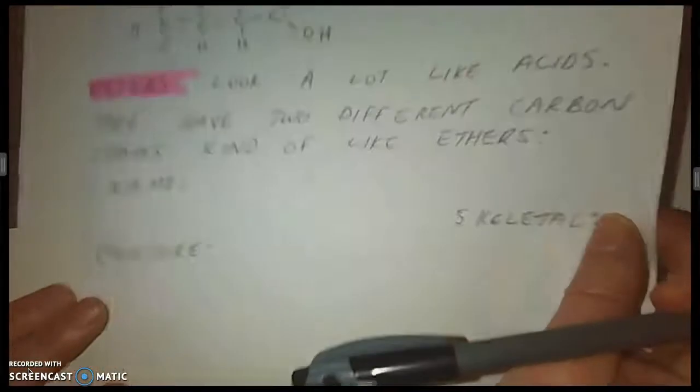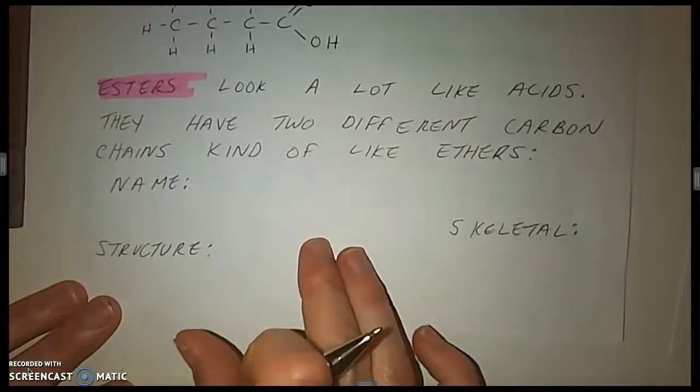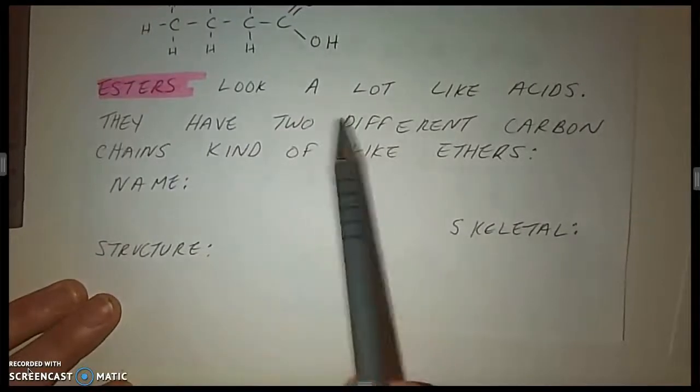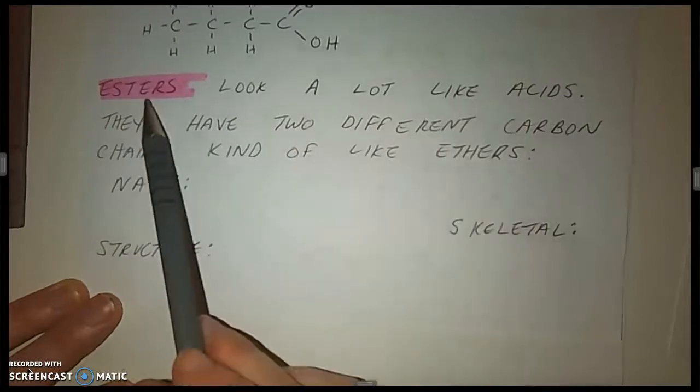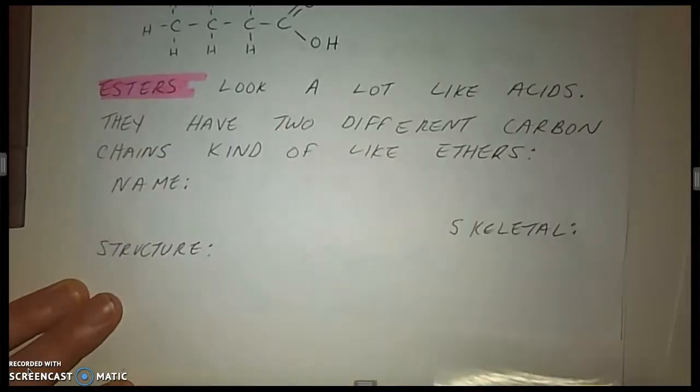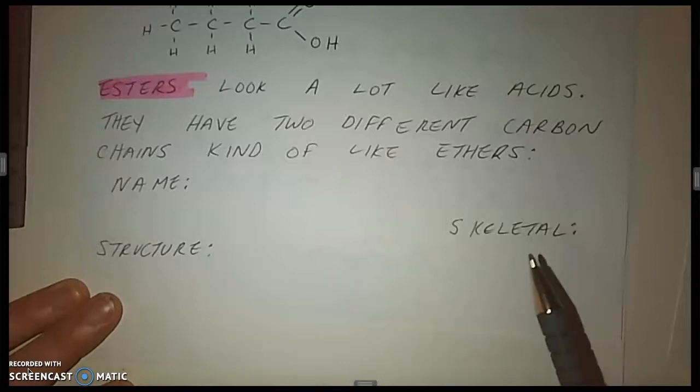The last compound we're talking about today, these are esters. These ones are the most complicated looking compounds. They have a group on them that looks a little bit like an acid, but they're also similar to ethers in that they have two parts of the carbon chain that we have to name separately.